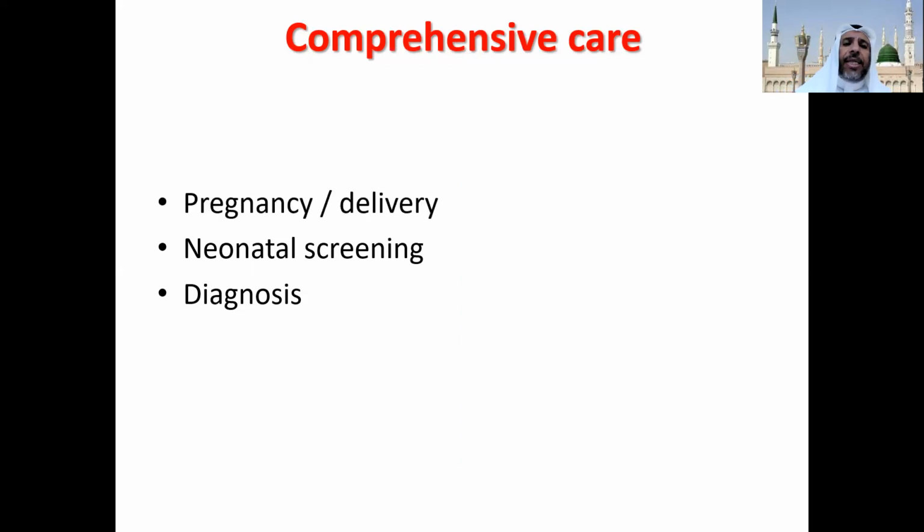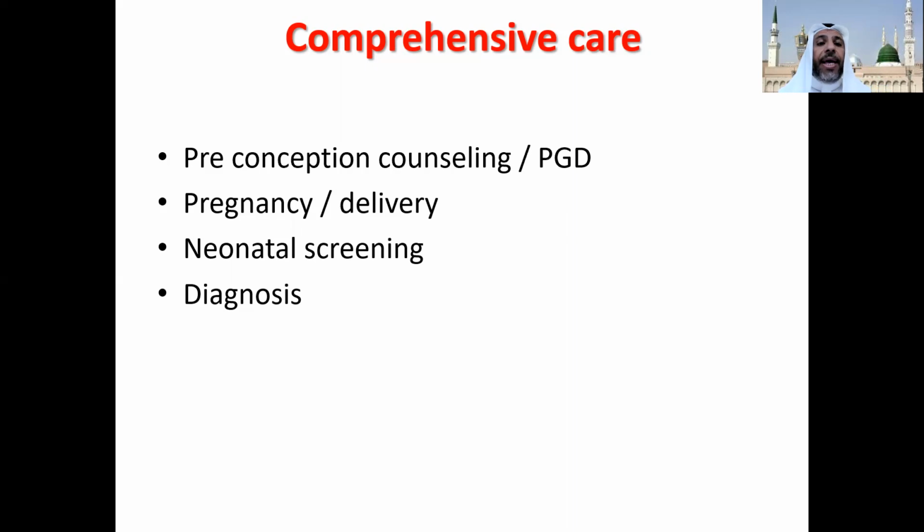But not only that, we start our care from the pregnancy. When we know that this lady has sickle cell anemia, we need to know that her child may have sickle cell anemia, even if she is a carrier and her husband is a carrier, and we start even earlier than that. Preconception, we propose PGD for those ladies who are carriers for sickle cell anemia and whose husband is a carrier.